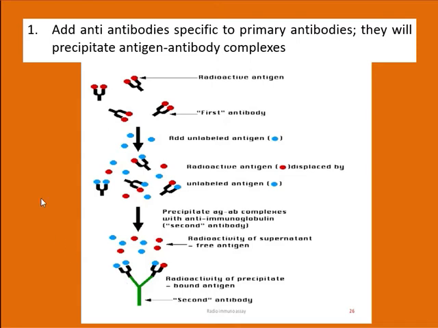Then you do centrifugation. In the supernatant you will get the displaced antigen, and in the pellet you will get the antigen antibody complexes. Then you measure radioactivity. So that is one method by which you can separate these complexes from the free antigens.